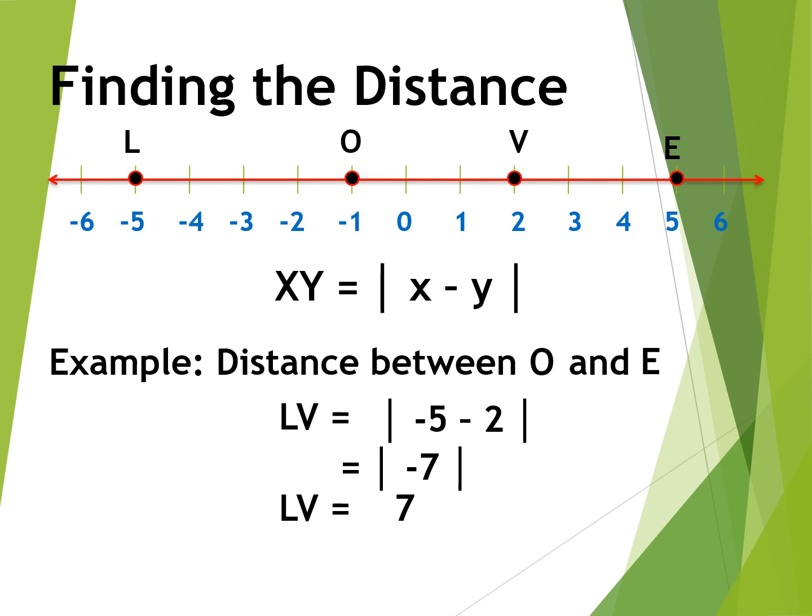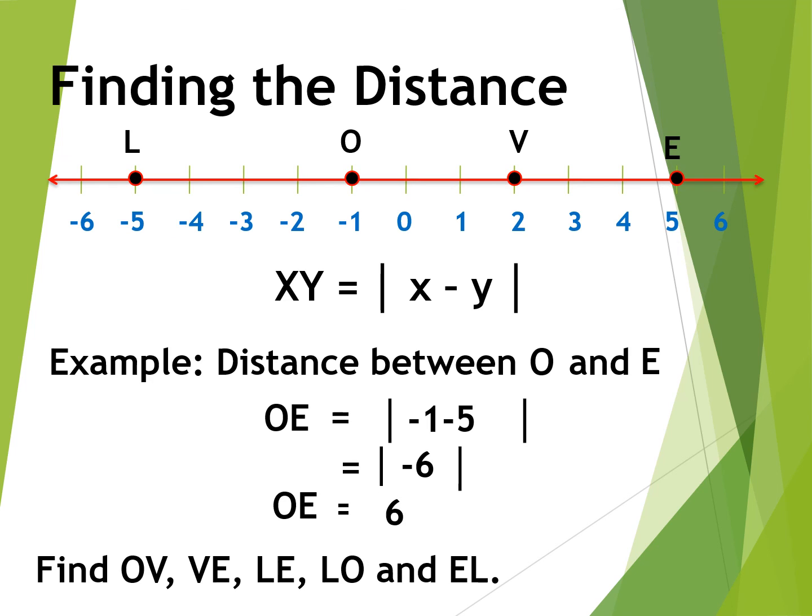How about OE? The coordinates are -1 and 5. So that's -1 minus 5. The answer is -6. The absolute value of -6 is 6. Find OV, VE, LE, LO, and EL.